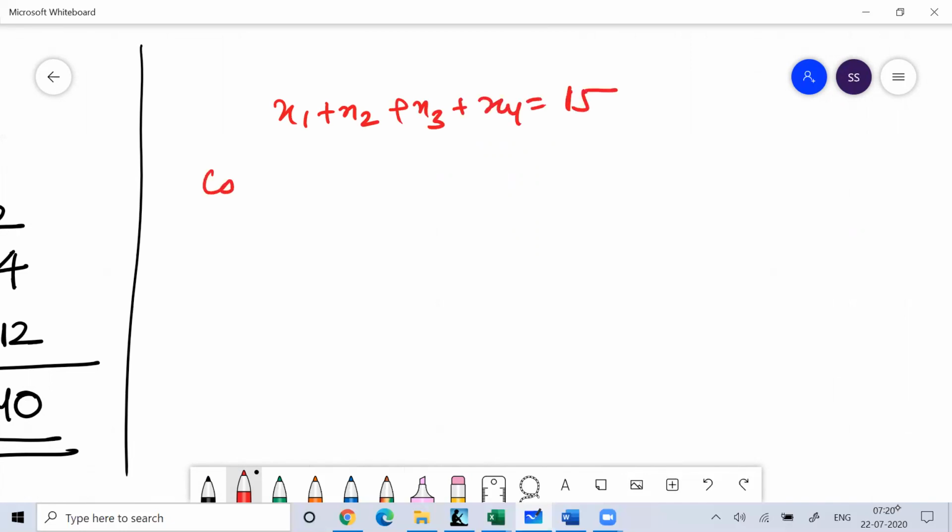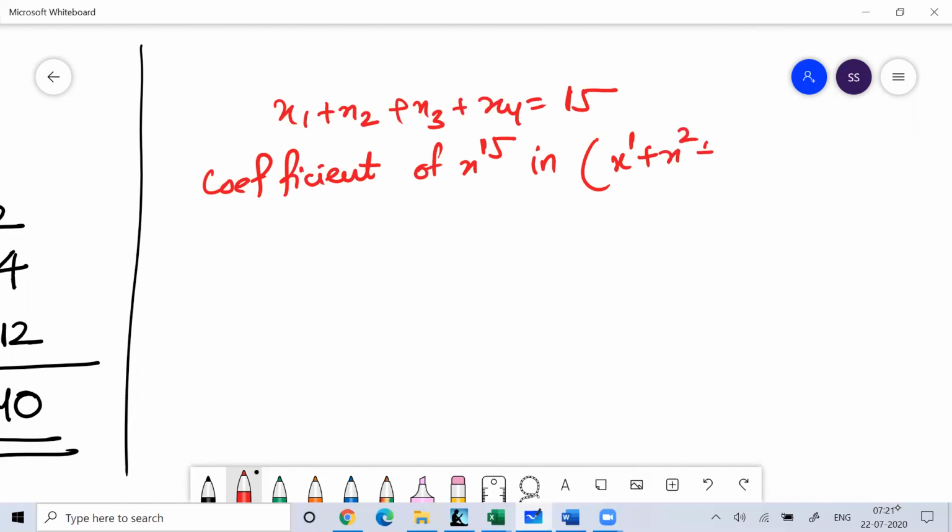What you need to do is search for the coefficient of x to the power 15 in, with the value going from 1 to 6 on a die. And there are 4 dice, so this should be power 4.